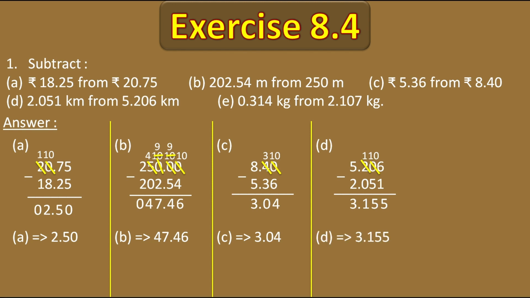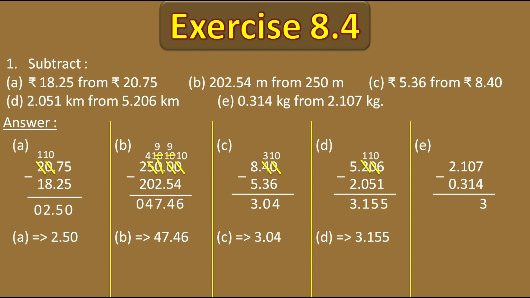Okay. Next we have 0.314 kg from 2.107 kg. So 2.107 will come up and then below that we have 0.314. So 7 minus 4 is 3. 0 minus 1: to do 0 minus 1 we have to take 1 from the digit present before that, that is 1 here.